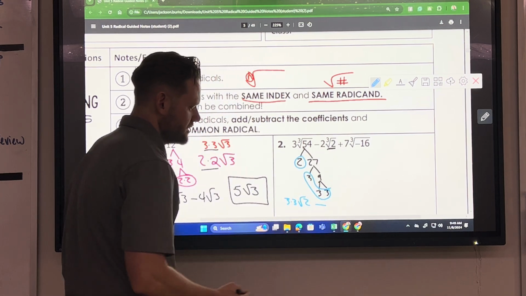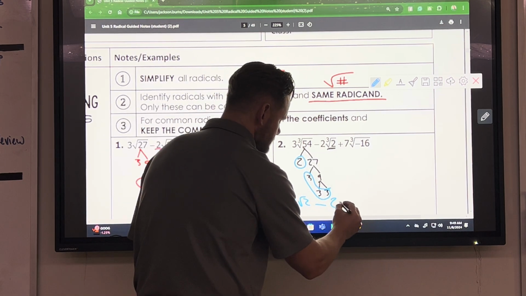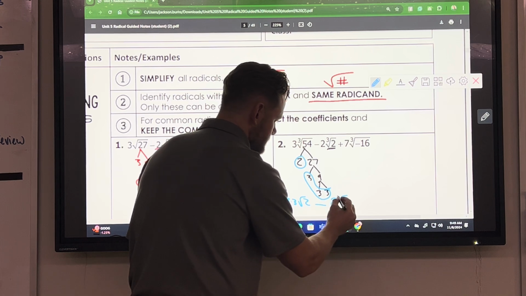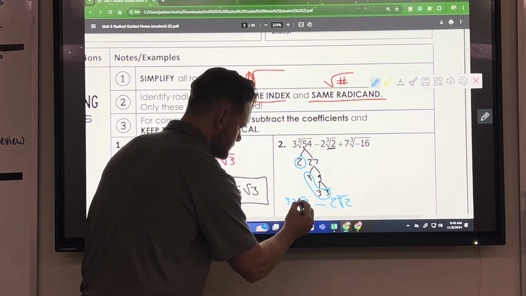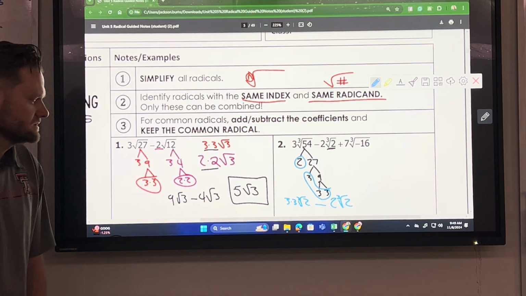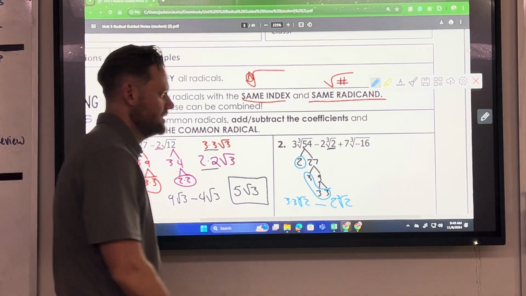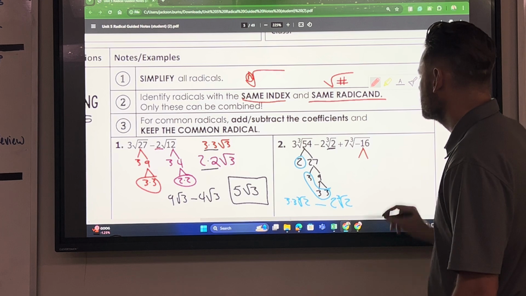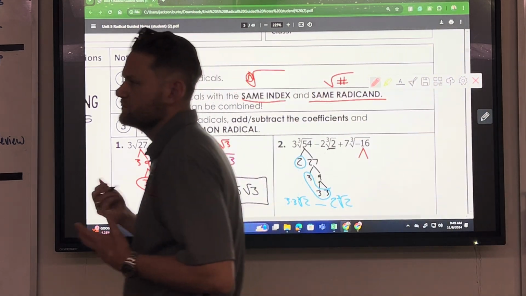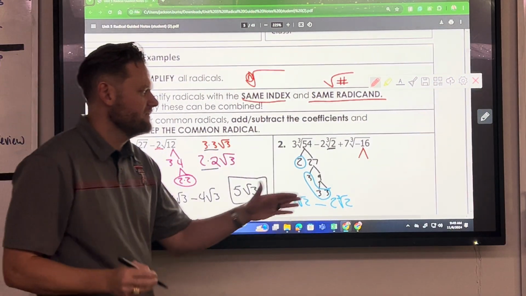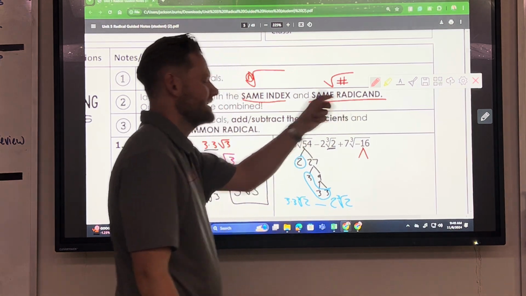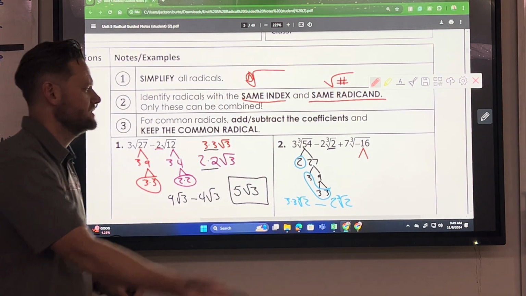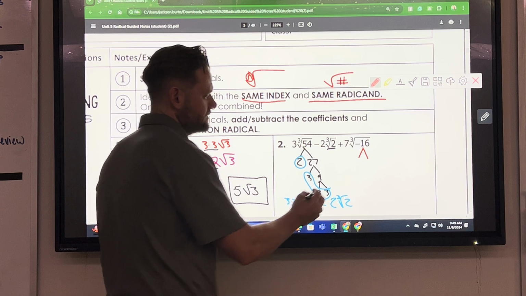Minus, well this one's already solved for me. 2 cubed root, don't forget your cubes, your indexes. Cubed root of 2 plus, now I need to get this negative 16, and this is important, right? I can't have a negative under here. I have to have the exact same radicand. So I know I'm gonna need to pull that negative out.